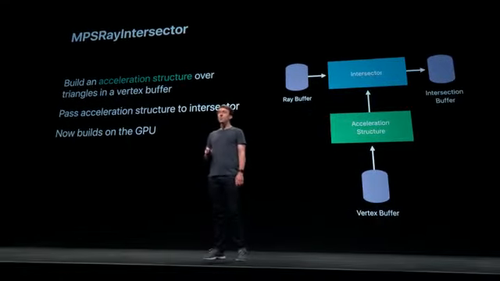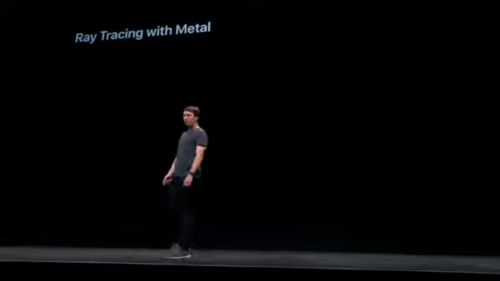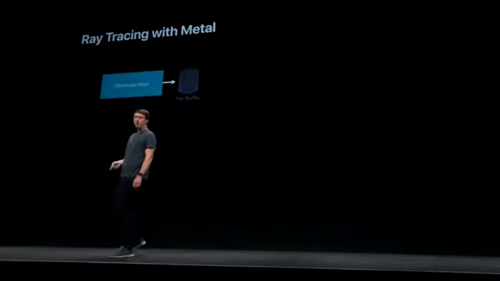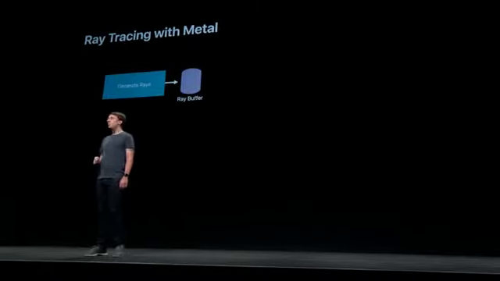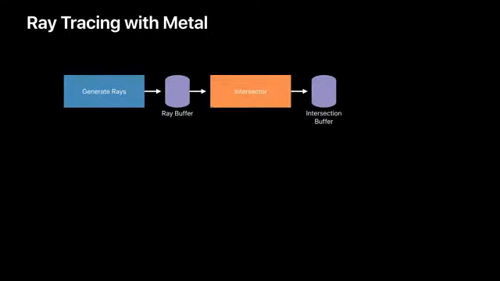So let's now revisit our typical ray tracing application and see what we need to do to translate it to a Metal ray tracing application. So like I said, we'll start by generating rays. This is typically done using a compute kernel, but it could also be done from a fragment shader or really any mechanism that can write to a Metal buffer. We then pass the ray buffer to the intersector. It will find the intersections and return the result in our intersection buffer.